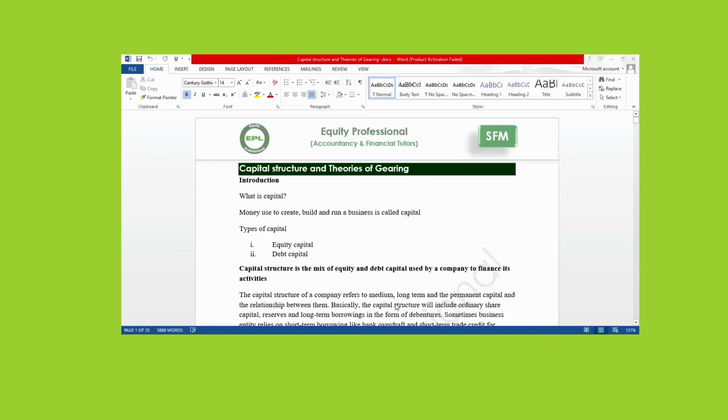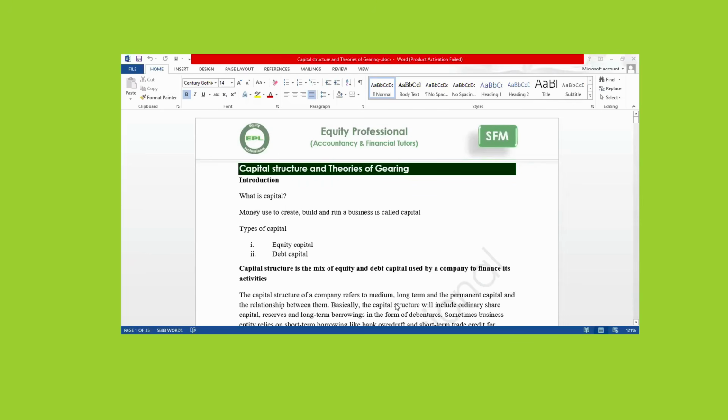You can finance your business with a combination of equity and borrowed fund. Now the question is, why should we pay attention to how a company is being financed?